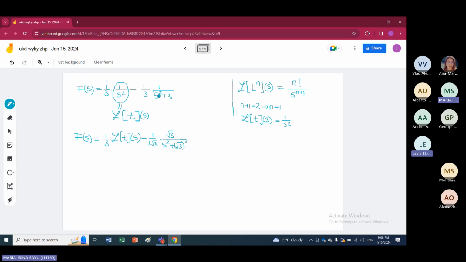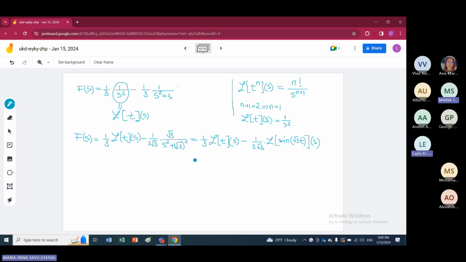Because this one is s squared plus square root of 3 squared, and I need to put here a square root of 3 to have the sine, okay? So this is 1 over 3 times Laplace of t minus this constant times Laplace of sine square root of 3 t.